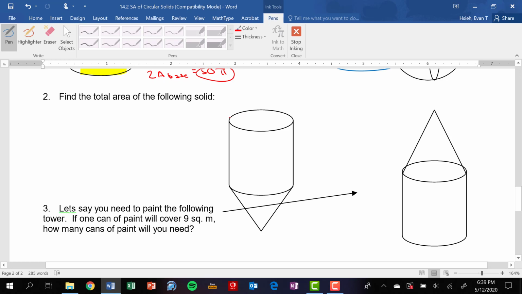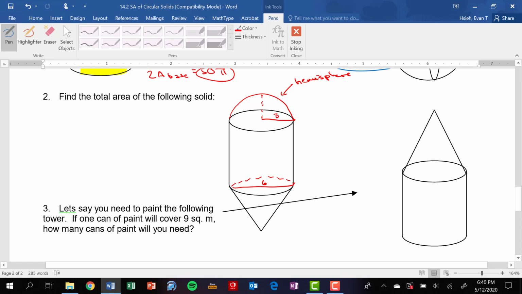So it's actually missing a half a sphere on top there, or a hemisphere. And we know that the diameter of this bottom is going to be 6. So I know that this radius will be 3.